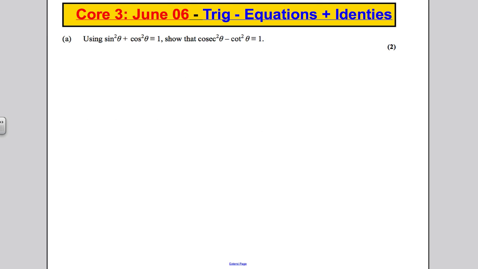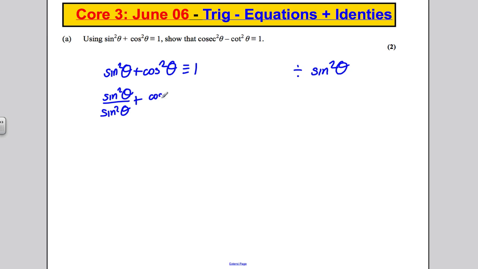Okay, part A. It's the same old trick here. We've done these before now. We've got that sine squared theta plus cos squared theta is identical to 1. And we want to show the following. If we divide everything through by sine squared theta, we would get sine squared theta over sine squared theta plus cos squared theta over sine squared theta is identical to 1 over sine squared theta.